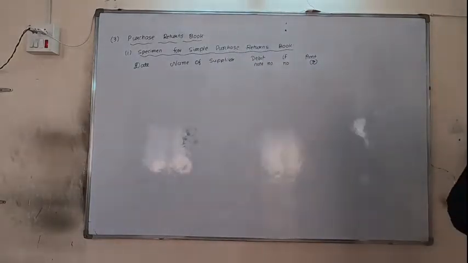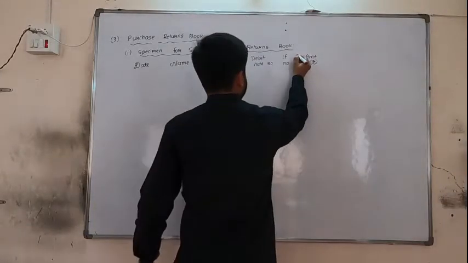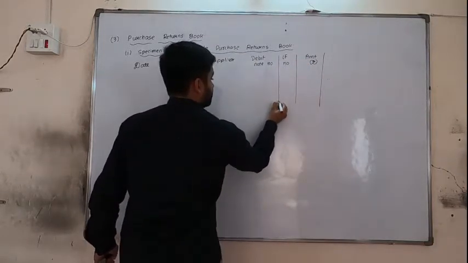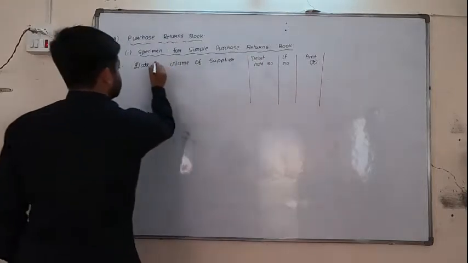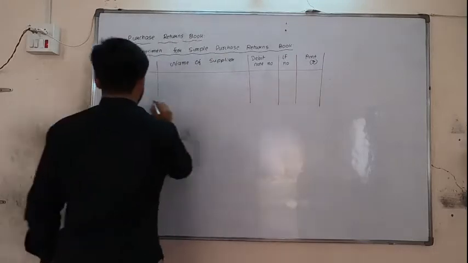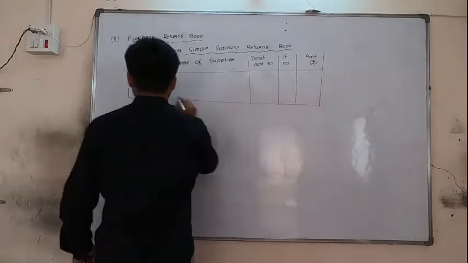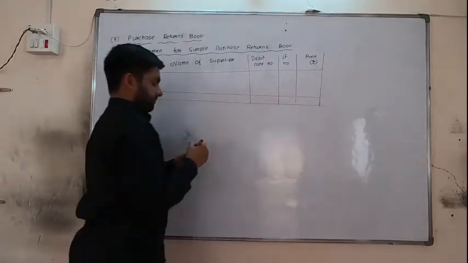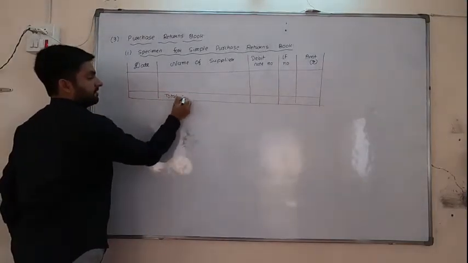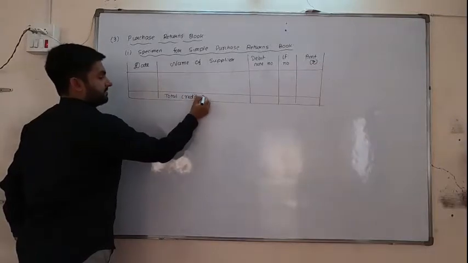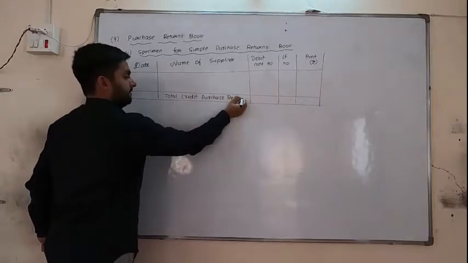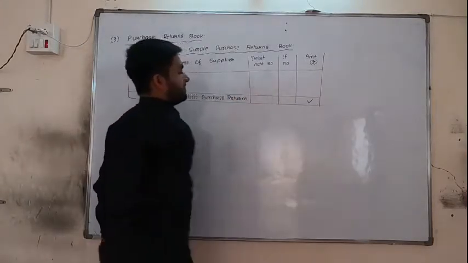So friends, this is the format for a simple purchase returns book. Then at last, total credit purchase returns.